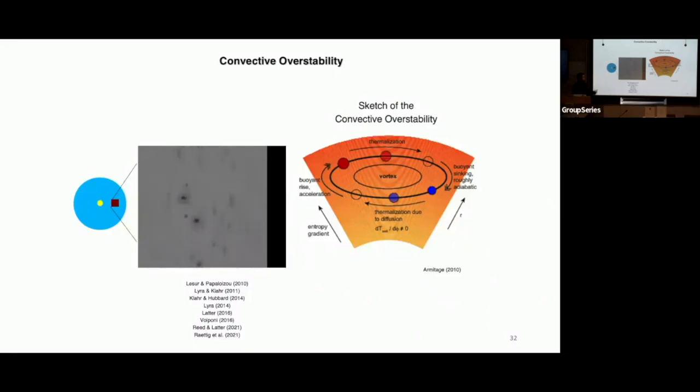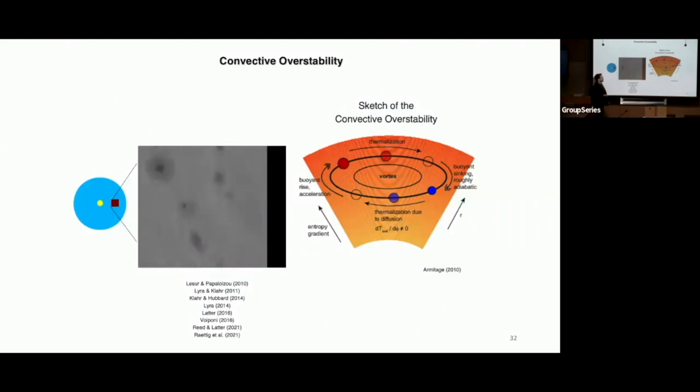What is going on is pretty much the same thing that happens in stars, convection. You have hotter gas here and colder gas here, just that in a star, this would be the surface and this would be the center. In this case, these are the orbits closer to the star and the orbits further from the star. This is a figure from Lyra's review back in 2010.